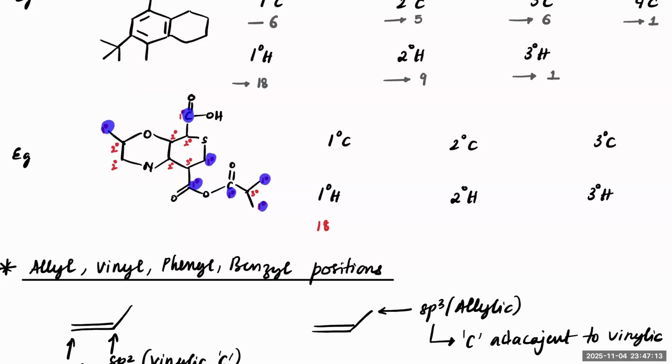My mistake. Seven we have, but how many hydrogens we have? Not all of them are like 7 into 3, that is 21. It will not happen like that. So you need to check how many hydrogens are present on it. So I think that itself is coming out as 18. Similarly, when it comes to 2 degree, we have got 9 of it. 3 degree, we got only 1 of it.